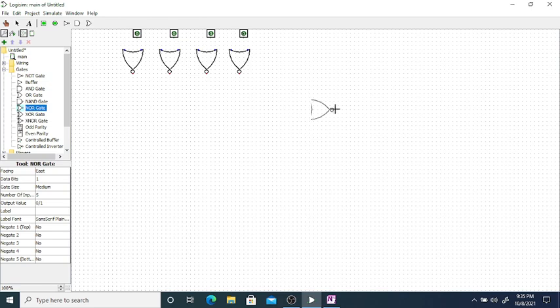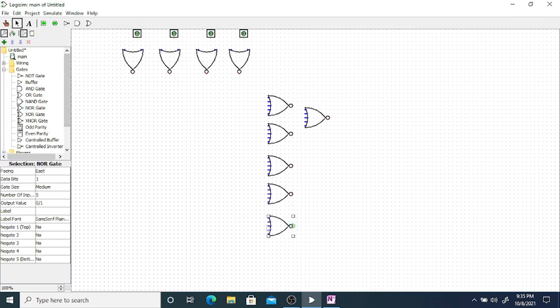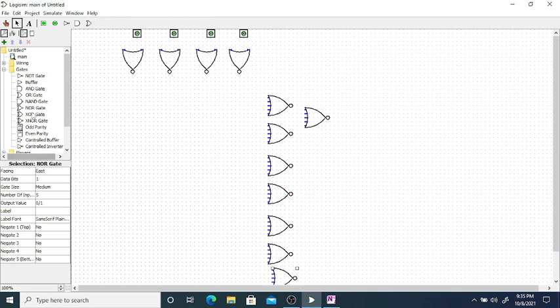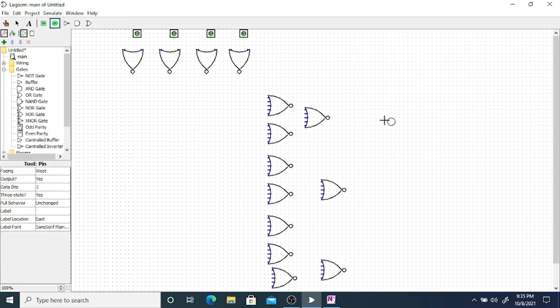Then we will take NOR gates, we will take 4 output constants.